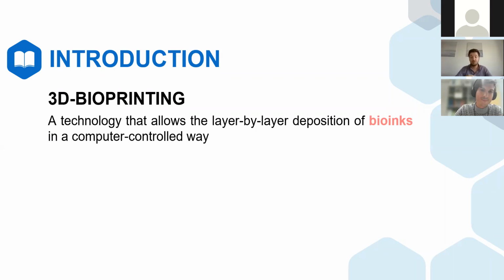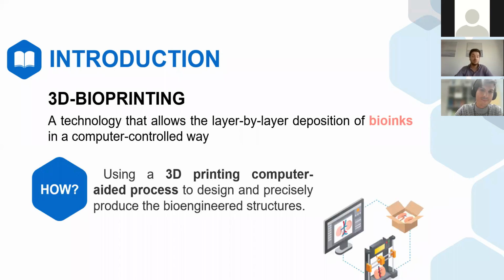This deposition is controlled by a computer, a computer-aided process using computer software to deposit these bioinks. We will talk in greater detail about them soon. But we have the layer by layer deposition of these bioinks in order to create a new tissue or a new organ or a new construct.